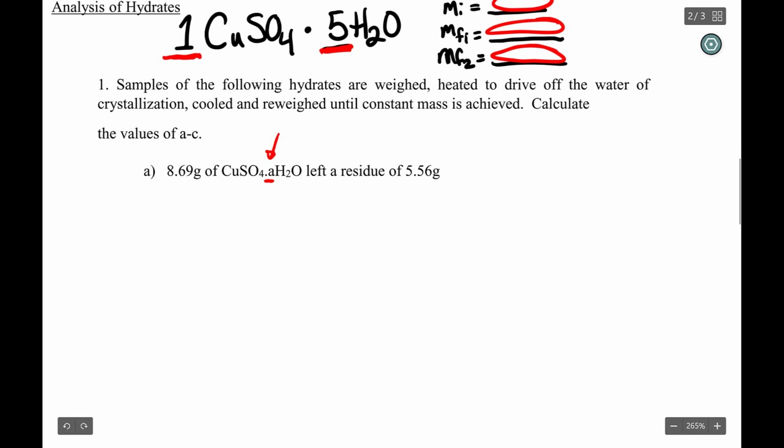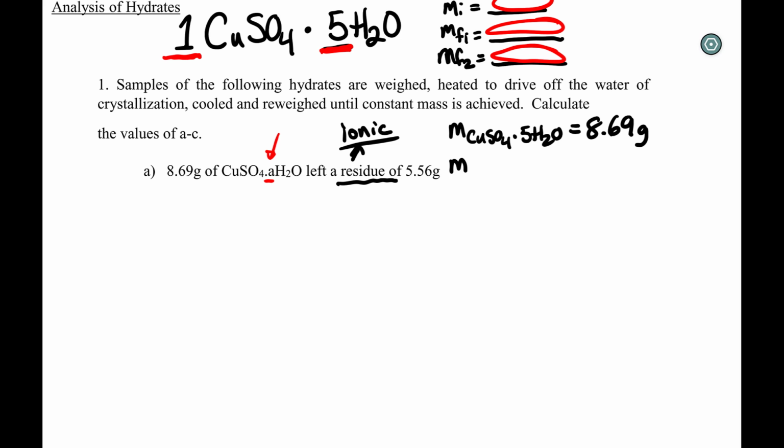We have a couple of numbers given to us so far. We have the mass of our hydrate, CuSO4 times 5H2O. This is 8.69 grams. We know the mass of the residue. The residue is just the ionic compound because it doesn't evaporate, only the water evaporates.